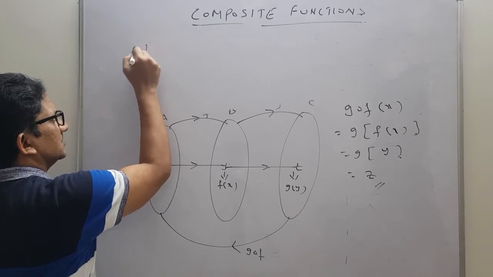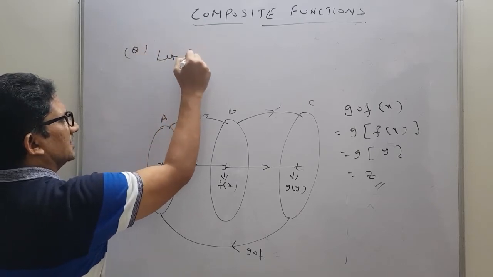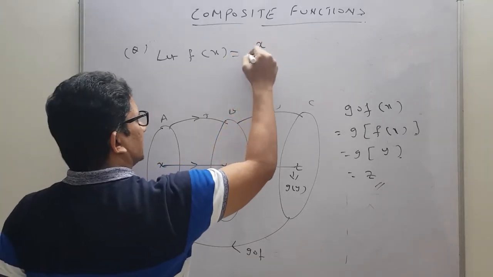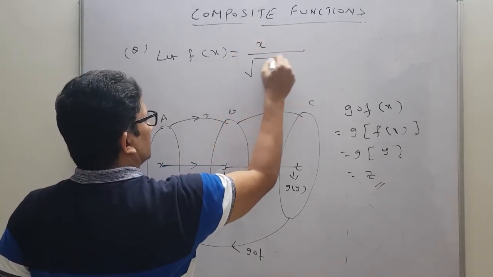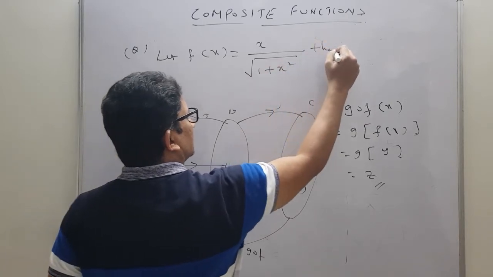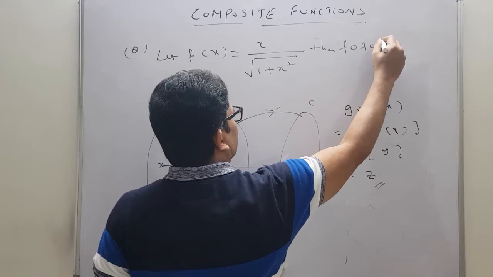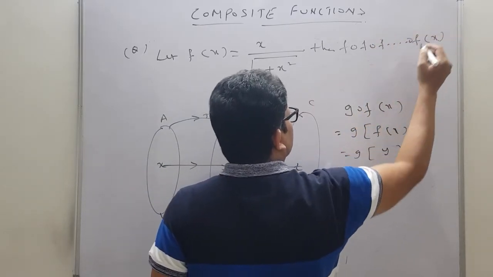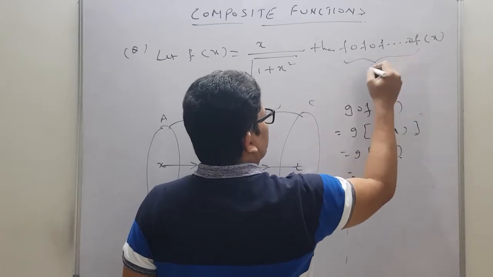We will take a simple example. Let f of x equals x divided by square root of 1 plus x square. Then find f circle f and so on up to f circle f of x, 20 times.